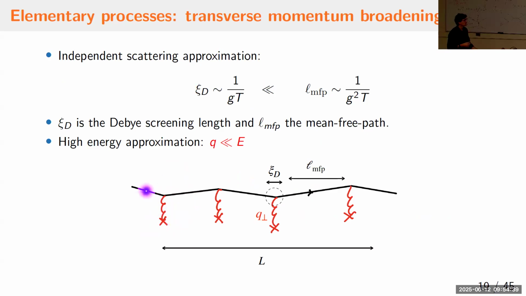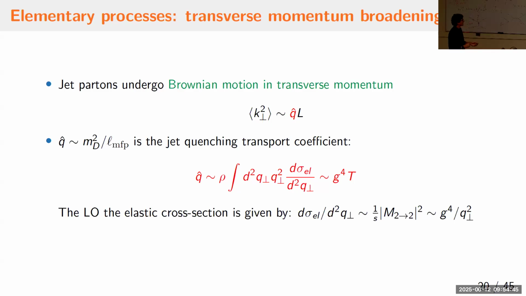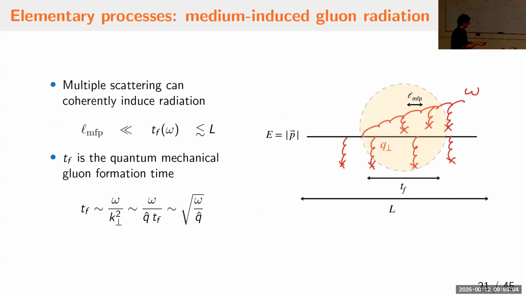You pick a gluon with a certain probability that interacts with your high energy particle. Okay, so q hat is given parametrically in terms of the Debye mass squared divided by the mean free path, and it can be computed using the elastic scattering cross-section.